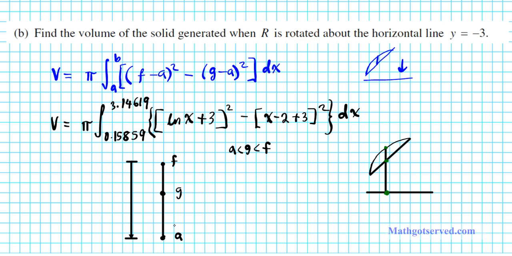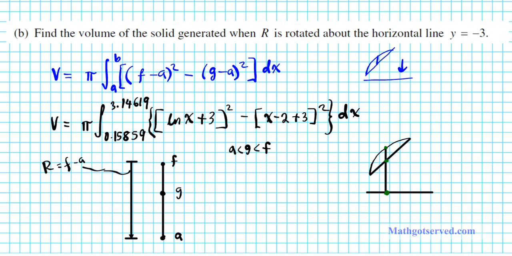This right here is our outer radius, and since we're going top down, it's going to be big R, which is f minus a. So that's why we have f minus a here, but we have to square it, of course, because it's pi R squared. So that's the outer radius.